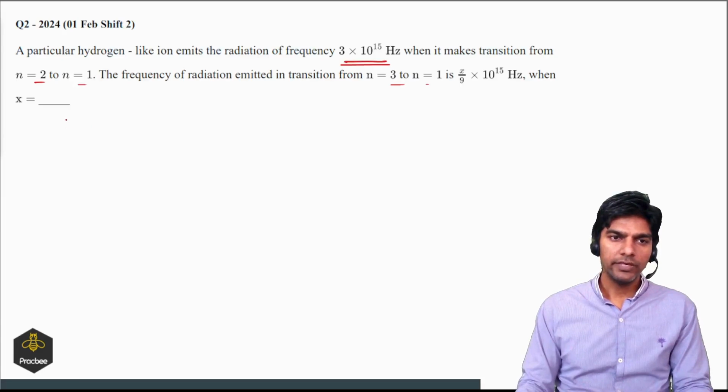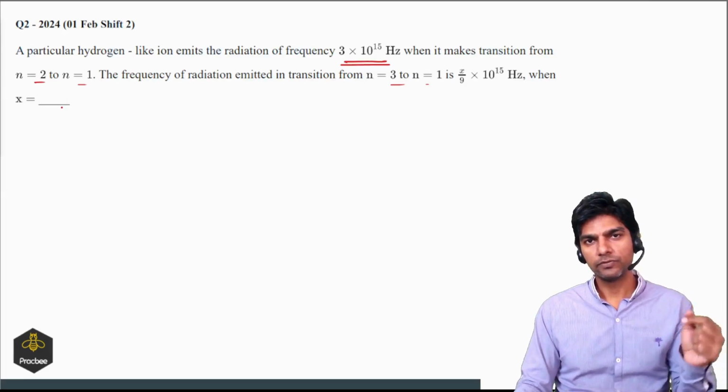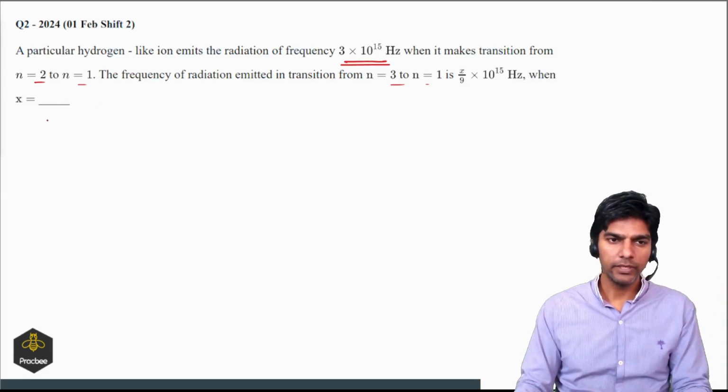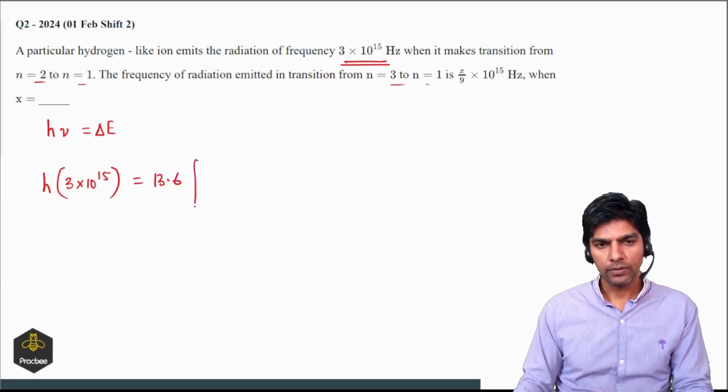So we know that for the photon emitted when the electron transits from one state to another, h times nu will be the difference in the energy, delta E. So h times 3 into 10 raised to the power 15 will be 13.6 times 1 by 1 square minus 1 by 2 square electron volt.